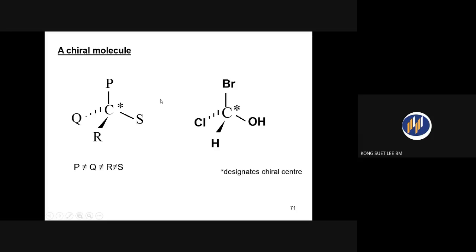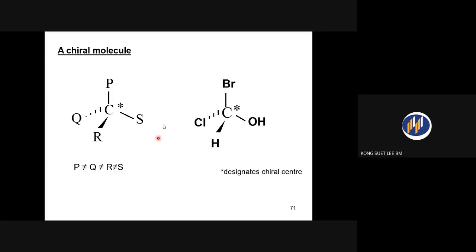So look at here, the carbon. Just now I mentioned, Anis, right? Must show the chiral carbon with an asterisk. So this is the asterisk. And then must be 4 different groups or atoms, P, Q, R, S.